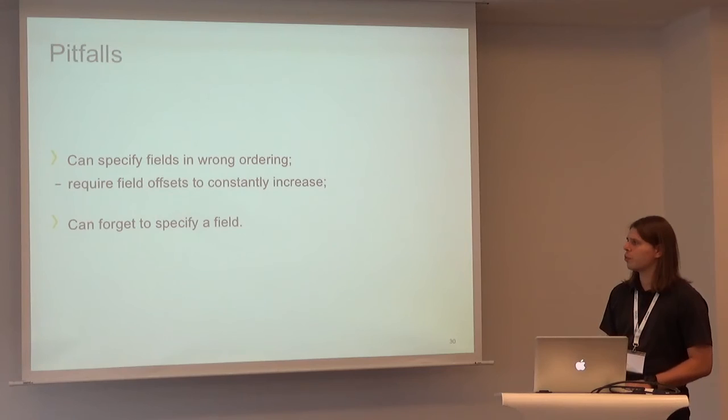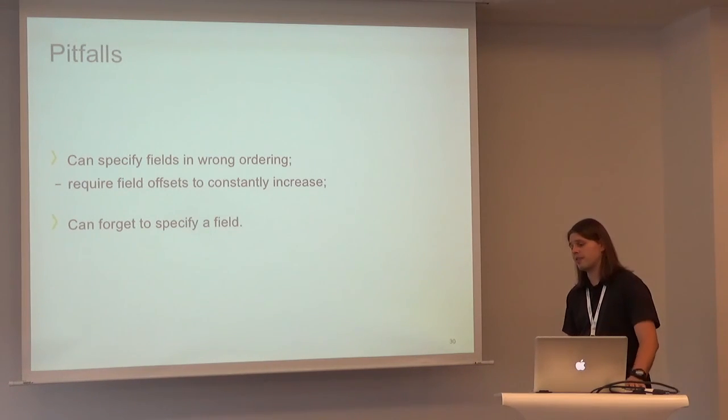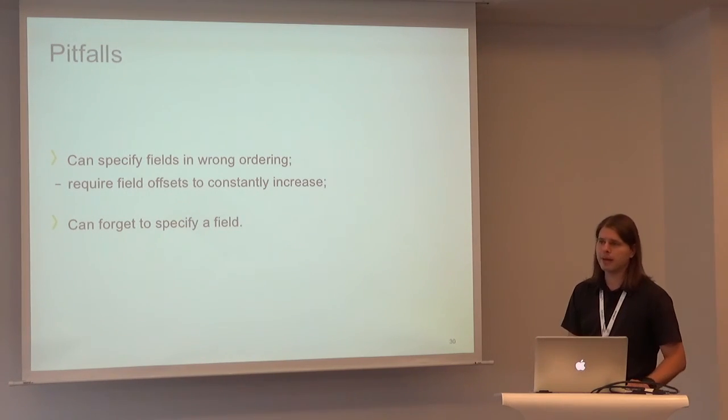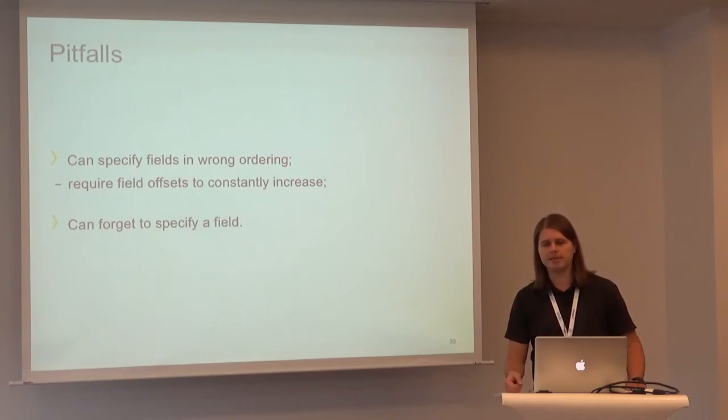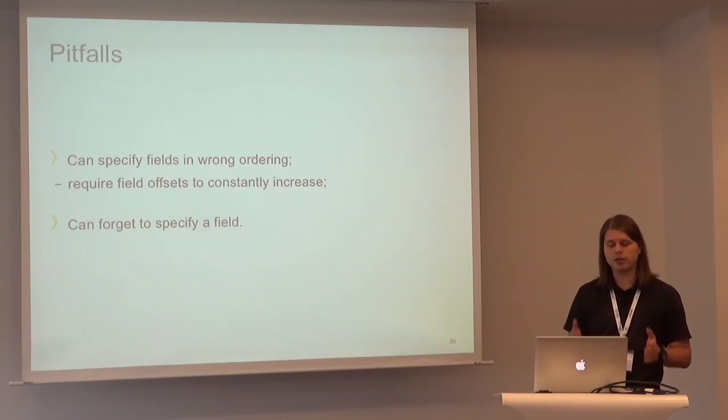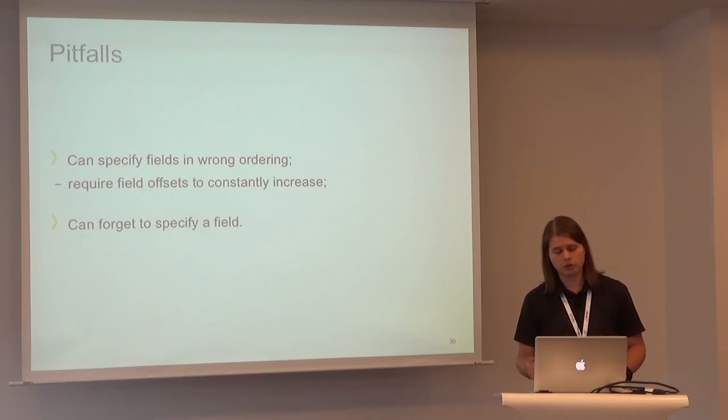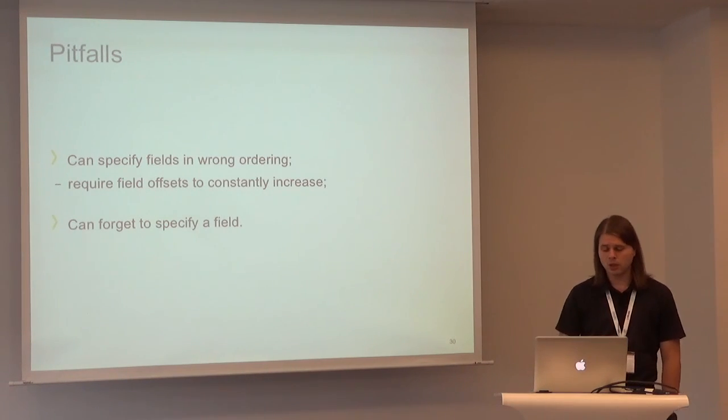Things are worse when the user forgets to specify a field. In some circumstances, we might not be able to tell a missing field from a hidden field inserted by a compiler to ensure aligned memory access. So we just can't do anything.